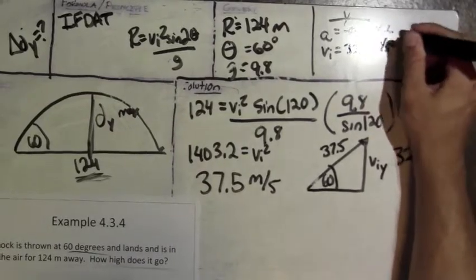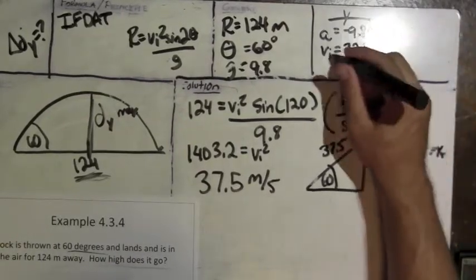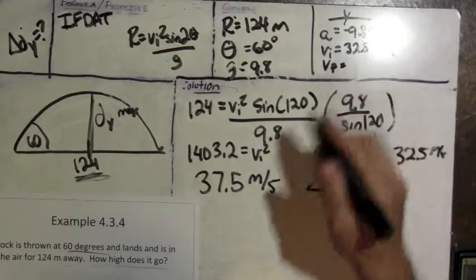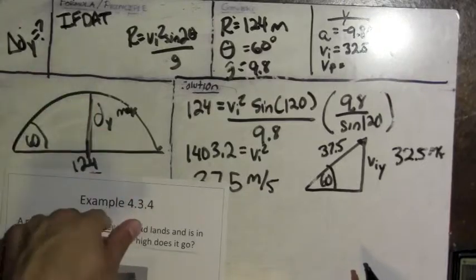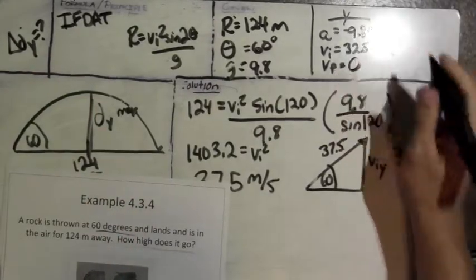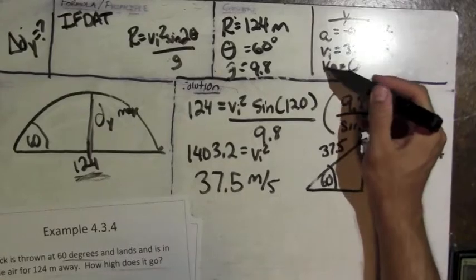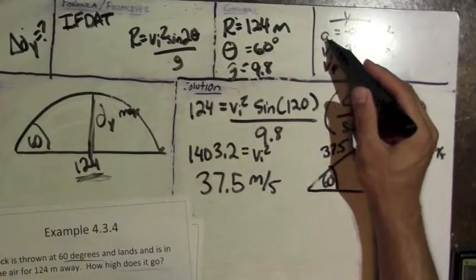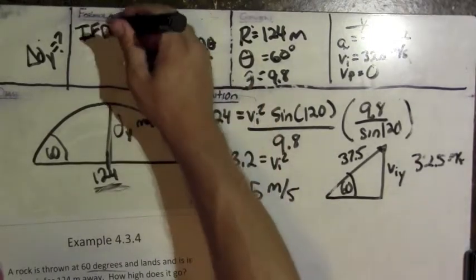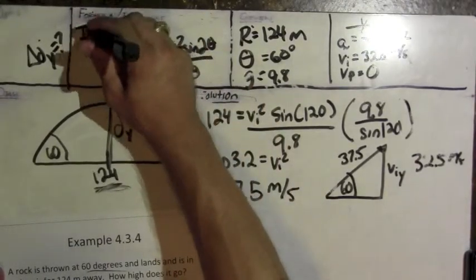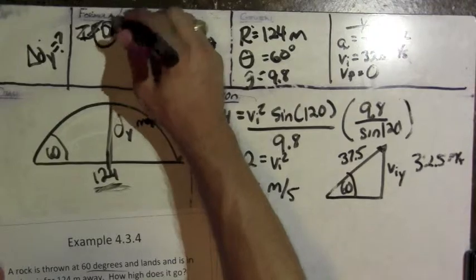You have one other piece of information that's very useful, and that's the fact that you have the final velocity. Remember, at the highest point, the velocity in the y direction is going to be 0 before it turns around and starts coming the other direction. So now, if I have initial, final, acceleration, and I'm trying to solve for distance, that lets me know that the one factor that I don't have is time.